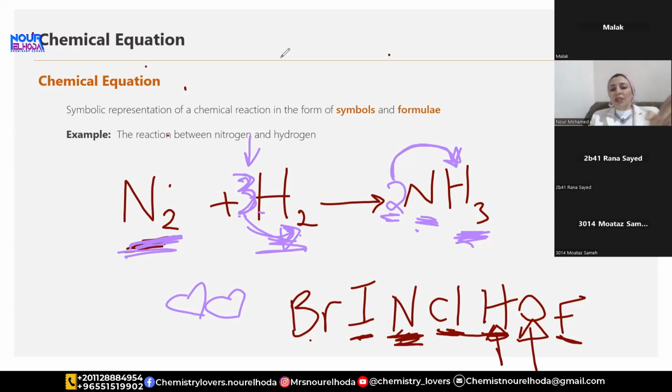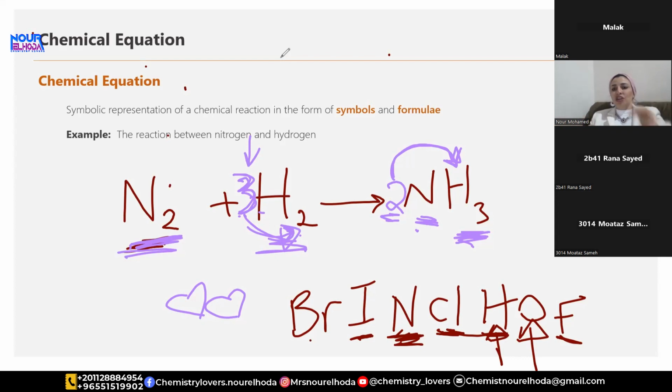Look, do it in order. If here it's nitrogen, do it in order, same as the order written for you. In organic equations, did you take organic? Yes. In organic equations, usually start with the carbon, then the hydrogen, then the oxygen. Don't replace them.